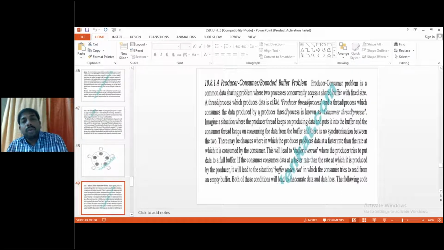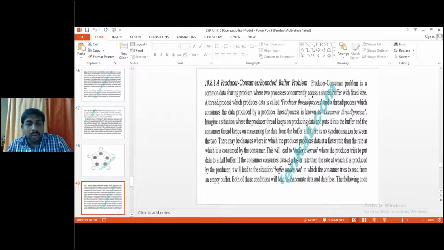Another is the producer consumer or bounded buffer problem, where a thread or process which produces data is called the producer, and a thread or process which consumes the data is called the consumer. So imagine the situation where the producer thread keeps on producing data and puts it in a queue called a buffer, and the consumer thread keeps on consuming the data through the buffer, and there is no synchronization.